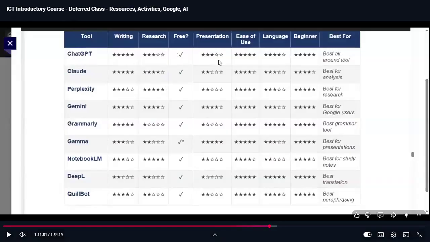For presentations, it's not the best. Gemini is better, and Gamma is the best. The ease of use: most of them are very friendly and comfortable for you, navigating, doing the prompts, and extracting the respective information. Language, okay, and the beginner level.